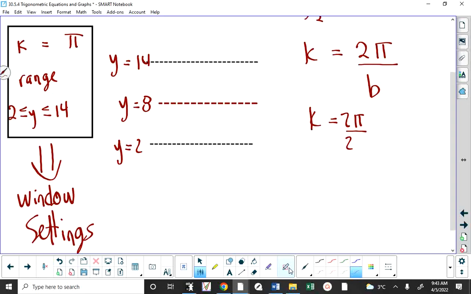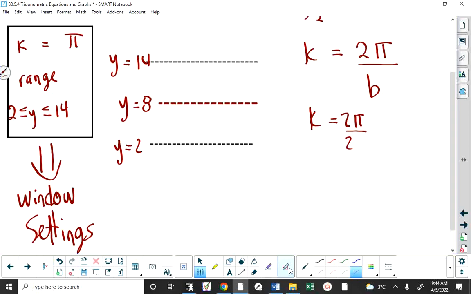If the range is from 2 to 14, then our window settings have to go from 2 to 14, at least. I would probably go from 0 to 14 or 0 to 16. And the general rule, everybody, is we always want to look at one period horizontally. So we're going to go from 0 to pi.